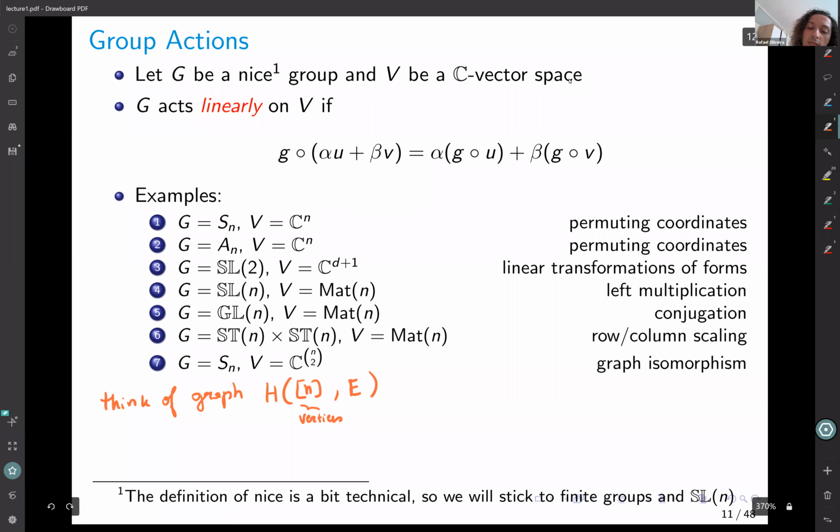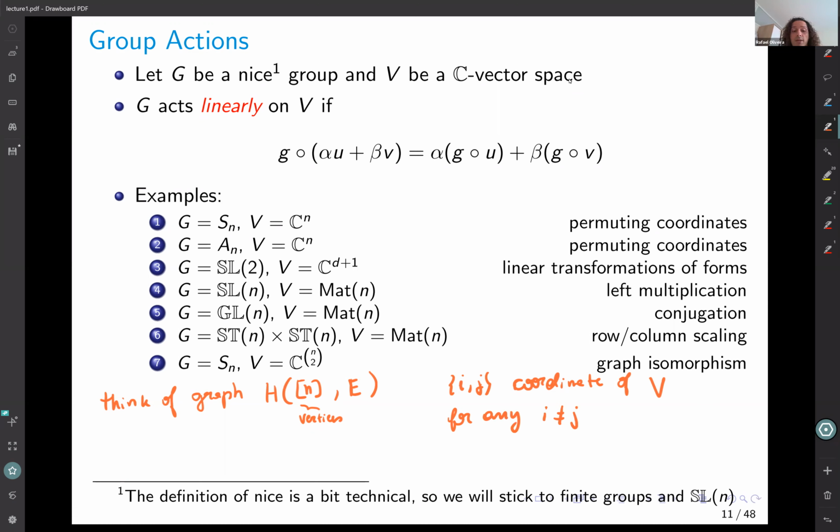Now we can associate to each edge, like ij, a coordinate of the vector space V, for any i different from j.